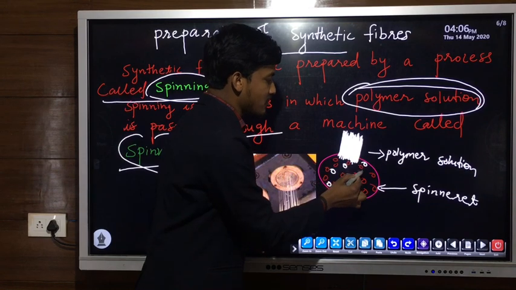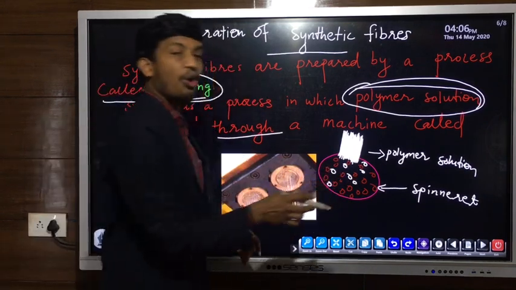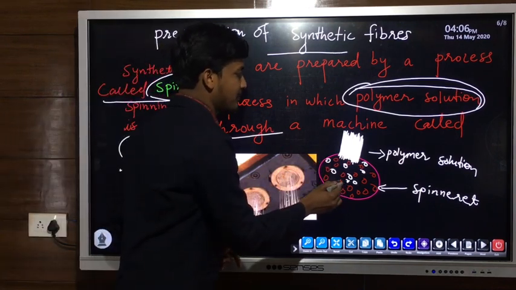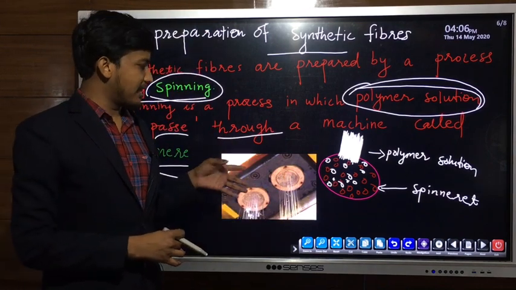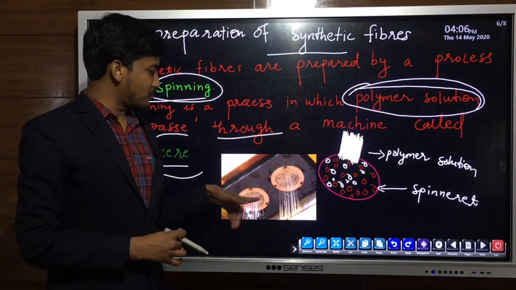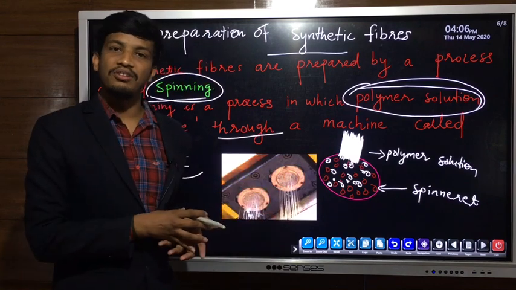So spinneret is a machine which contains a lot of holes like this. This machine is called spinneret. We can see that it looks like a bathroom shower. Like there are small minute holes.